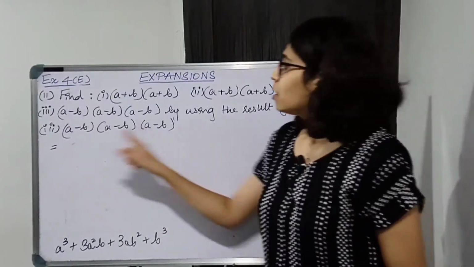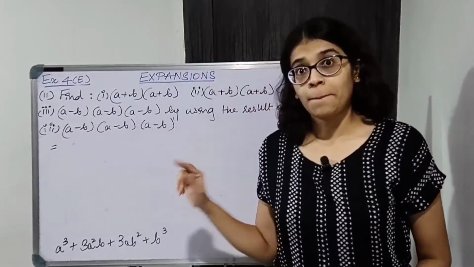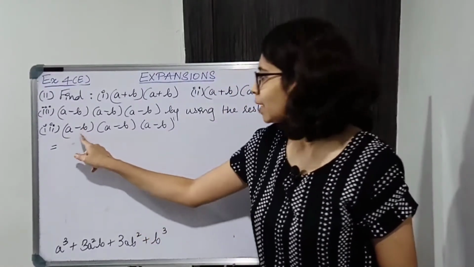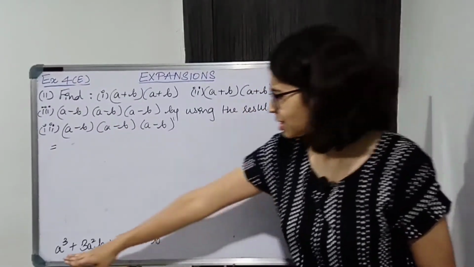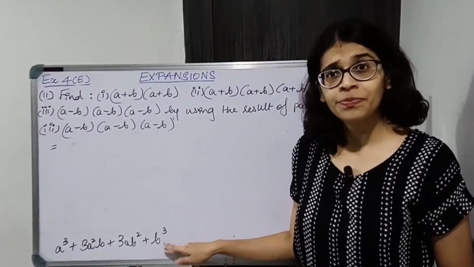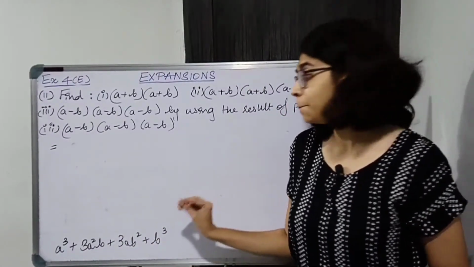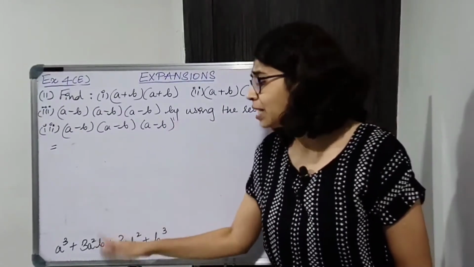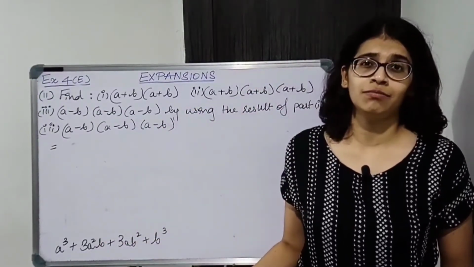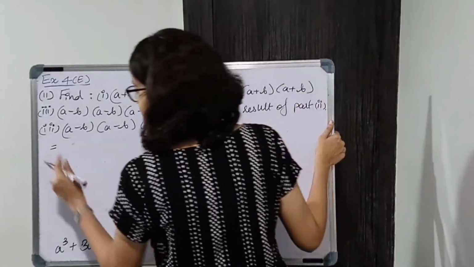Now A is positive throughout, but B is negative. Minus B, minus B, minus B. So what we'll do? Same terms. The only thing is B will be negative over here. So wherever there is B, put a negative sign.